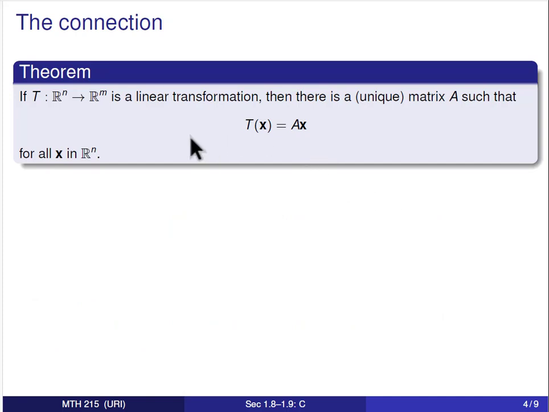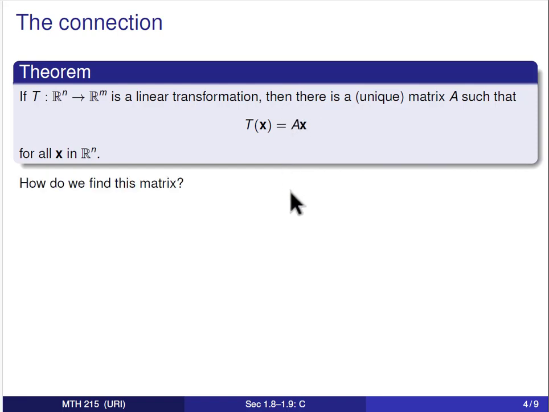Our theorem for this video is this: if T is any linear transformation, then there is a unique matrix A that makes T of X equal to AX, no matter what X is. So, given any linear transformation, even if it's not given to us in terms of a matrix at all, there is some matrix out there that gives us the same result.